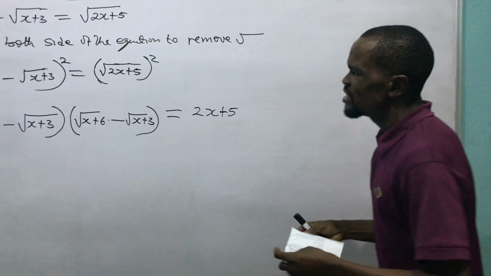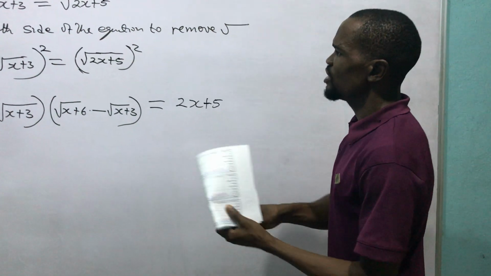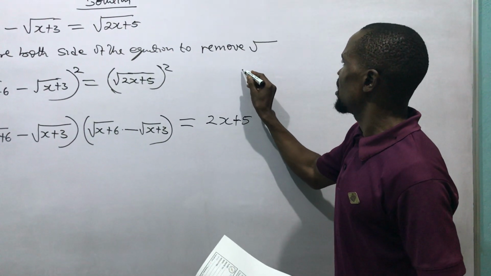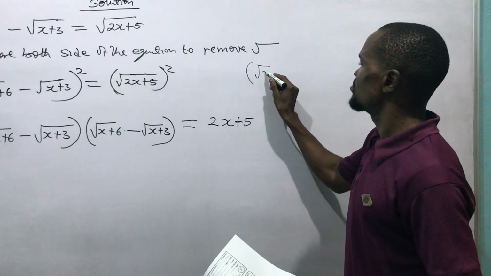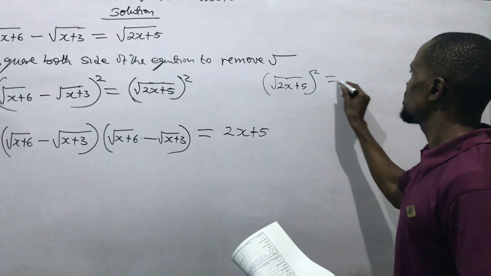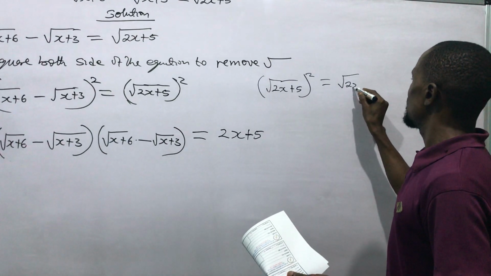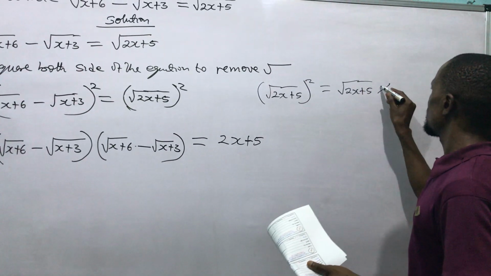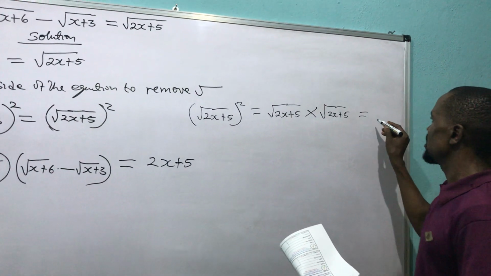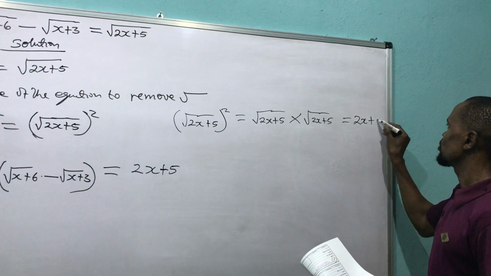This squared root of 2x plus 5 means 2x plus 5 multiplied by 2x plus 5, and I said it is 2x plus 5.